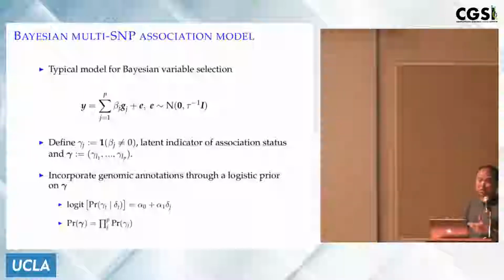This is the case we call the exchangeable prior, so every SNP is equally likely to be the causal SNP. And finally, a priori all the SNPs are independent, at least being a causal SNP is independent. This is not a very complicated model, and almost everybody uses this.